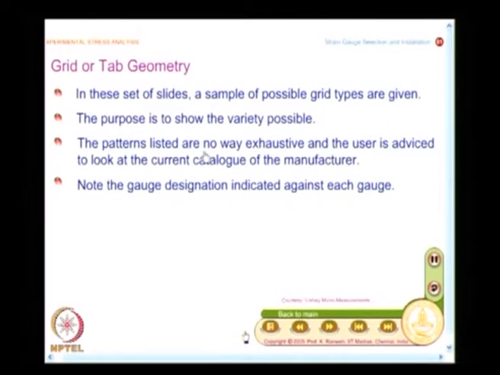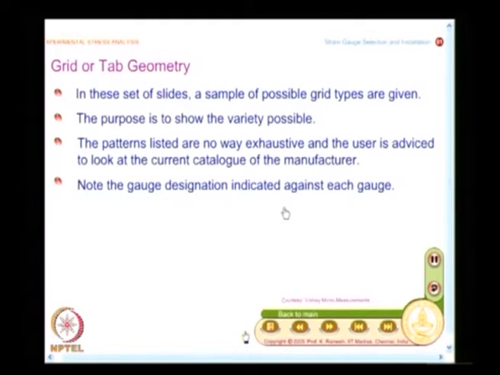The patterns listed are in no way exhaustive, and as a user you have to look at the current catalog of the manufacturer. And the idea I want to show is, when you look at these grid patterns, also note the gauge designation system indicated against each gauge. So, you have a number assigned to it, and you will be able to quickly find out what kind of strain gauge I am looking at.